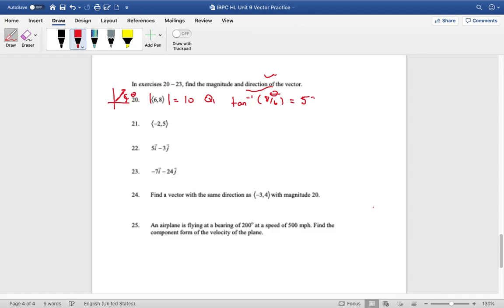It's nice, if you don't draw these, to at least picture what quadrant I'm in. So I'll leave the magnitude for you, but I'll give you, for each one, since negative 2, 5 was in quadrant 2, I used inverse cosine.